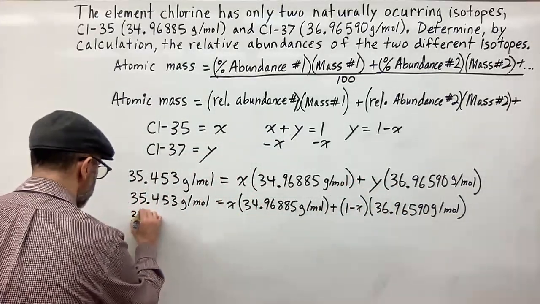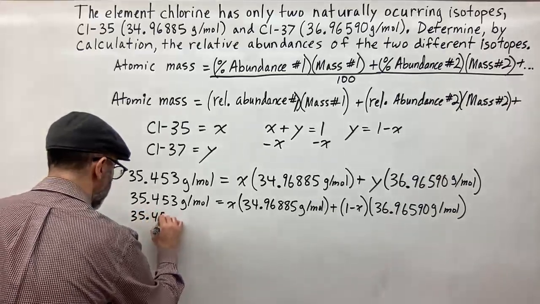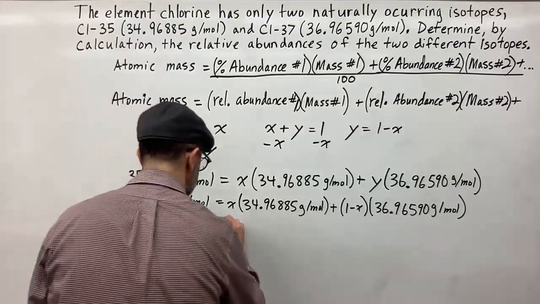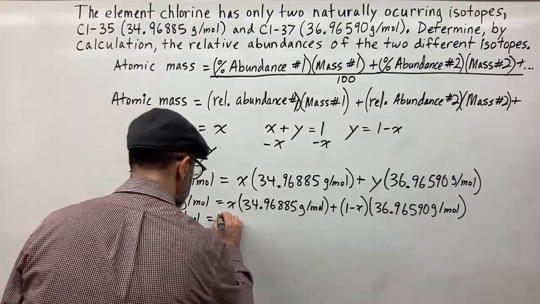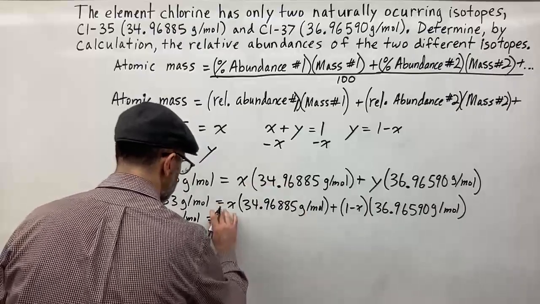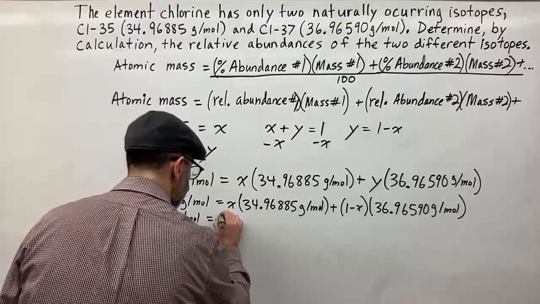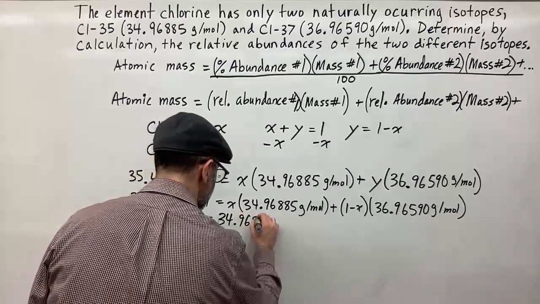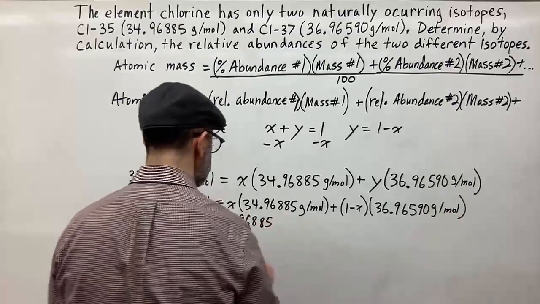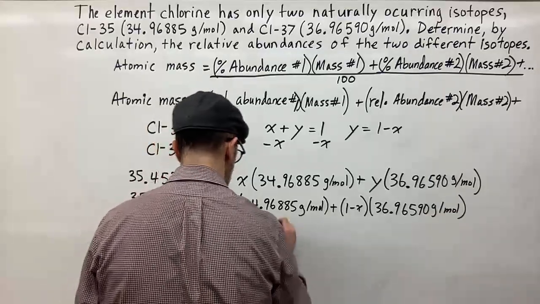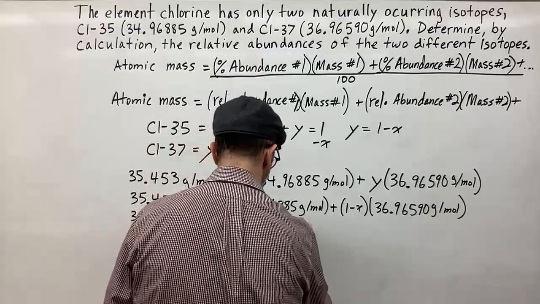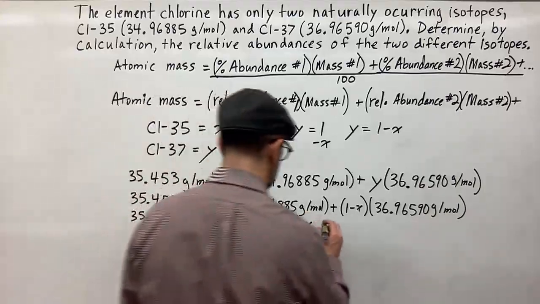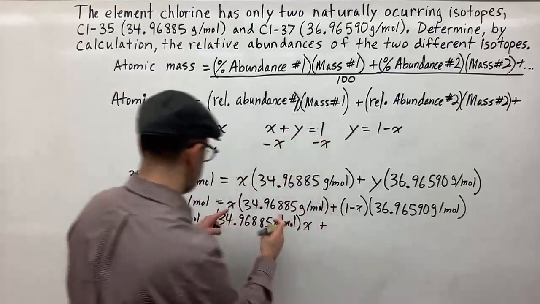So I have 35.453 grams per mole equals 34.96885 grams per mole times X. All I did was I switched those around.